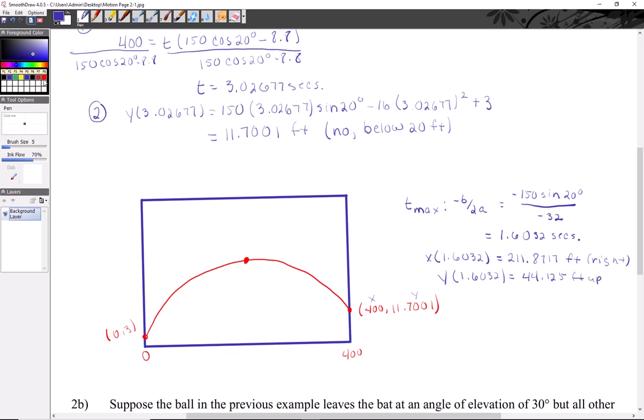All right, so that we can label. 211.872-ish and 44.125. Okay? And yeah, that's kind of what you need.